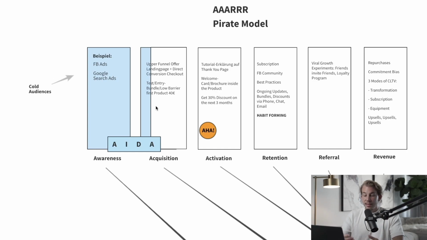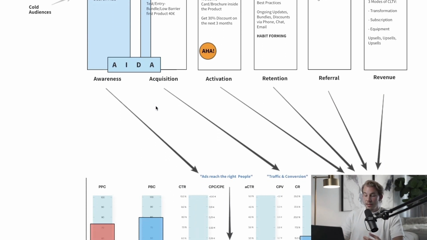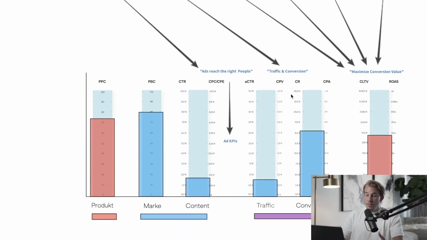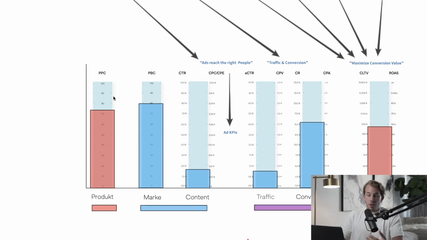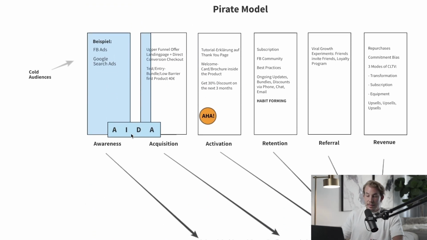So we're selling something. And this first sale, you can calculate all your framework numbers on it. You get your ad KPIs, you get your conversion rate, you get your conversion cost, CPA, and so this is pretty much done.